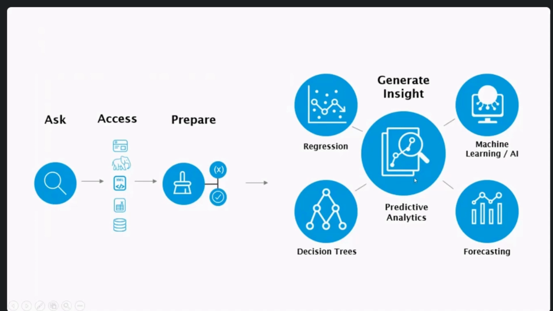The predictive analytics will use certain methods like machine learning, statistical regression, then decision trees for classification of data, then forecasting. So these things will happen in predictive analytics.